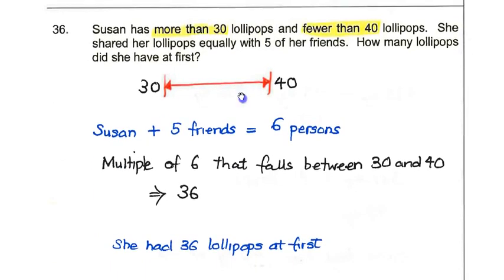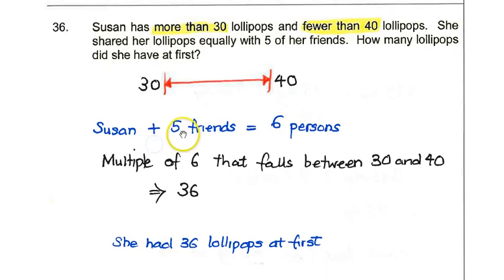Section C, Susan has more than 30 lollipops and fewer than 40 lollipops. It means the number can never be 30 or below or 40 and above. So it's between here. Now watch out, Susan and 5 of her friends, total there are 6 persons. They share the lollipops equally.